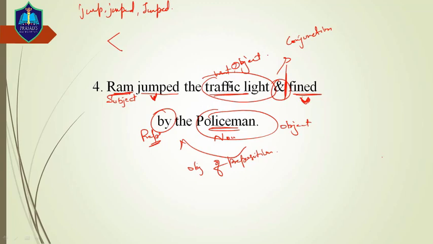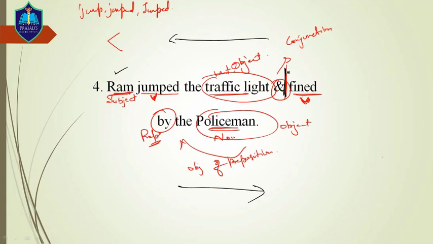Okay. Here if we observe properly, we have the verb fined, right? So Ram was fined by the policeman, right? So if you split the words before the conjunction and after the conjunction, before the conjunction, Ram jumped the traffic light. So here Ram is the doer and the subject. It's fine. But if you observe after the conjunction, what do we have?